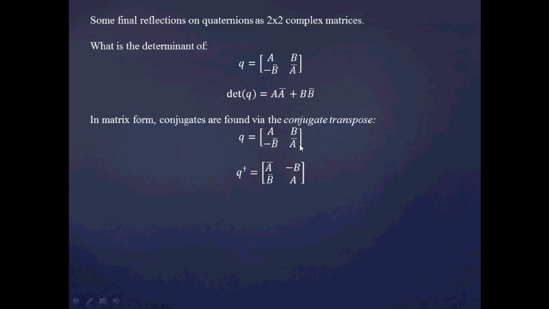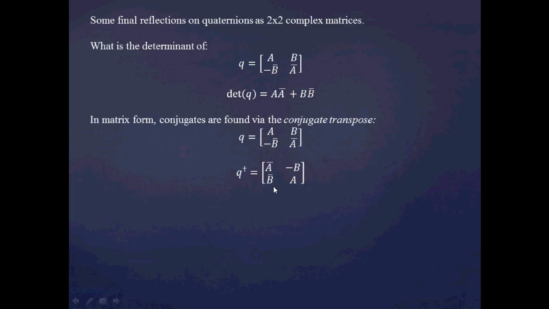Then I take the conjugate, so I get A bar there, and A double bar there, which gives me A. The negative B bar is going to go up here, and when I take the conjugate, it gives me just plain old minus B. The B up here in the 1, 2 position is going to move down here, and when I take the conjugate, it's going to be B bar. This is represented as Q dagger. The dagger represents the conjugate transpose.